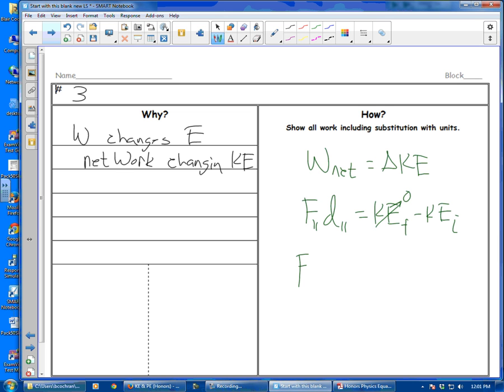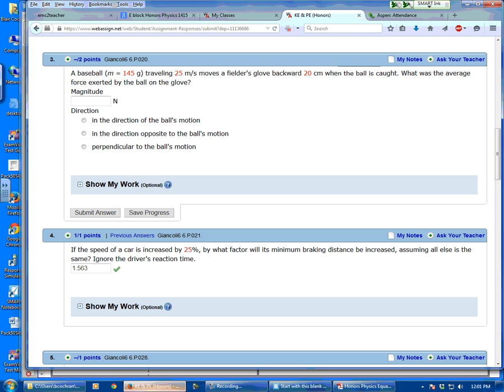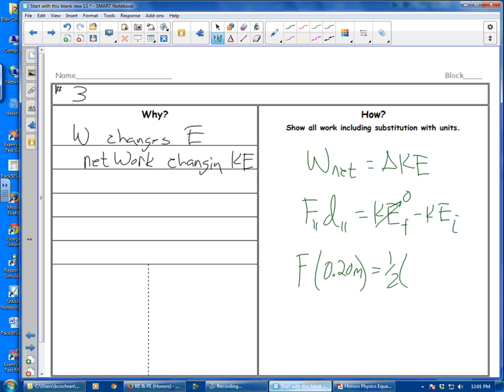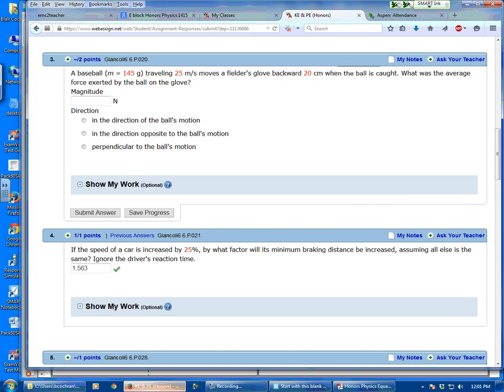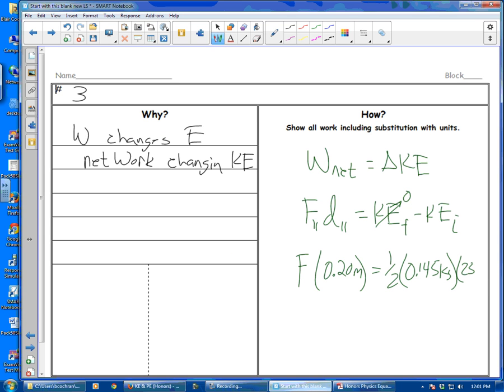F is what you're looking for. Mine was 0.20 meters. I'm going to forget about that. 1/2, 0.145 kilograms, 25 meters per second squared. And then solve for F. Right? Yeah, it's easy on this one.